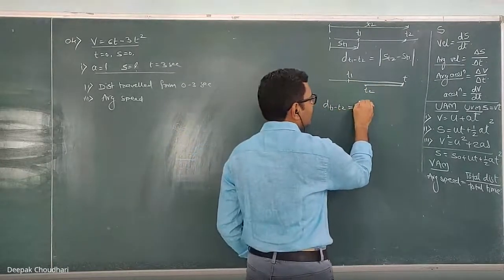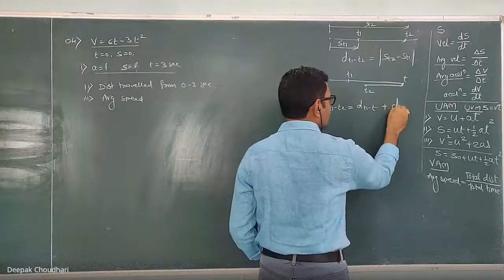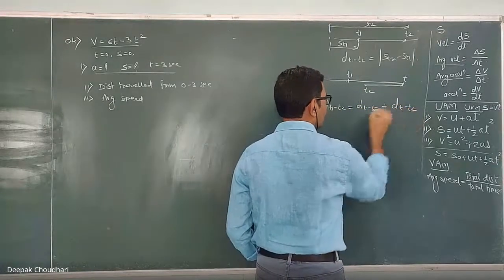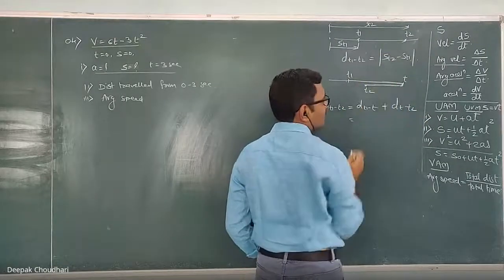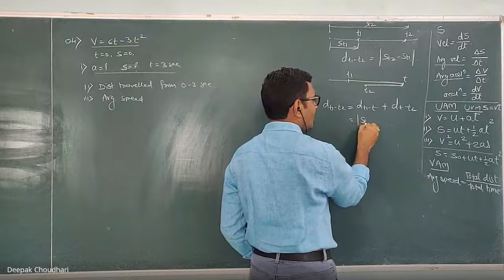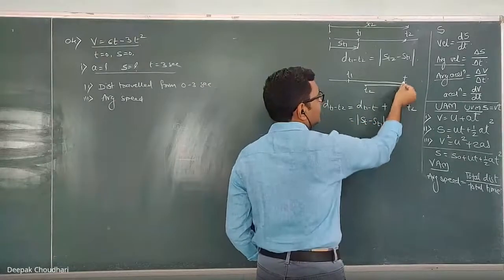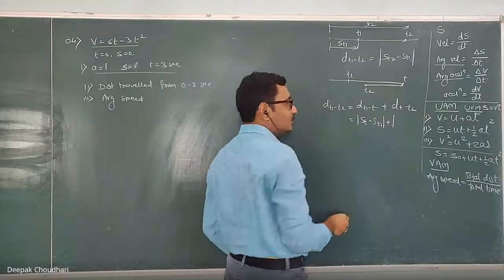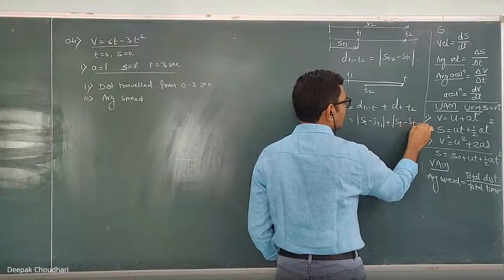So this can be written as distance traveled from T1 to T plus distance traveled from T to T2. From T1 to T, the particle is moving in the same direction, so you can use this formula, which is equal to mod of ST minus ST1, plus the distance traveled from T to T2, which can be written as ST minus ST2.